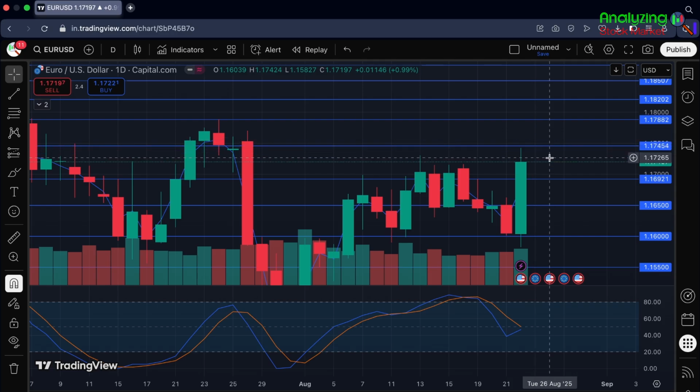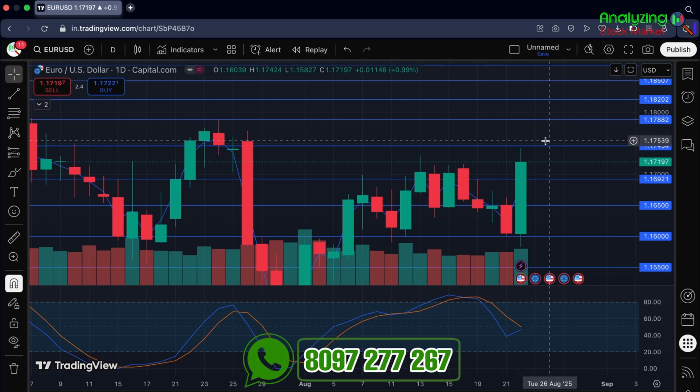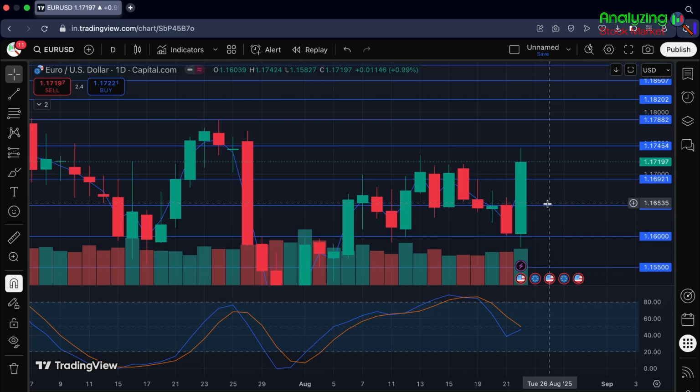If a 1-day candle closes above 1.17454, then we can see a move till 1.17882. So if you're looking for any upside trade or a positive trend, a long trade, then you have to look for a move above this level and a 1-day candle closing above this level. Only then should you go for an upside move to 1.17882. My expectation is a negative move in this range.